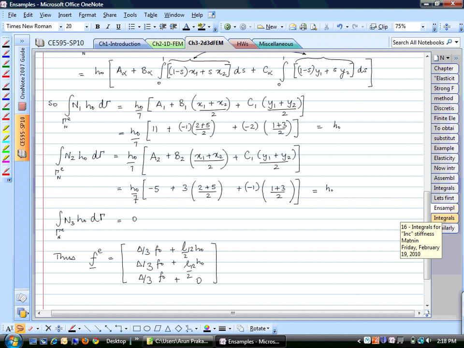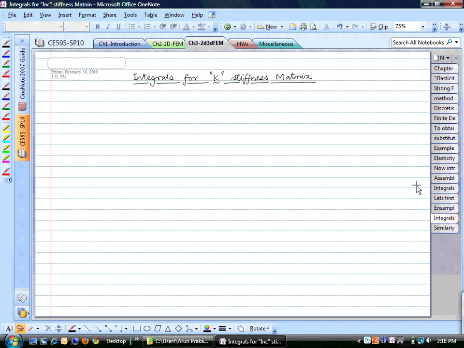So very quickly, it won't take that much time, but we can write out the similar expression for the stiffness matrix. This is something that we did last time.